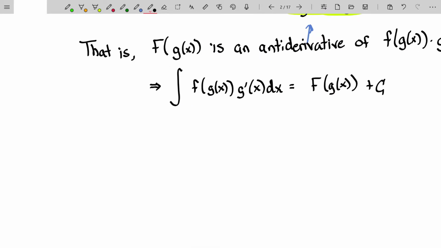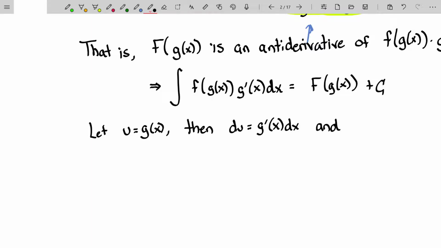If we let u equal g of x, then du, the differential of u, is g prime of x dx. Okay. And therefore, we arrive at the integral of f of g of x times g prime of x dx.